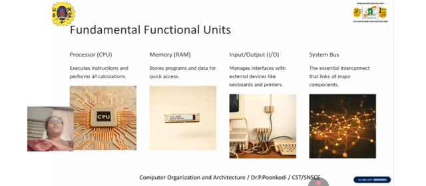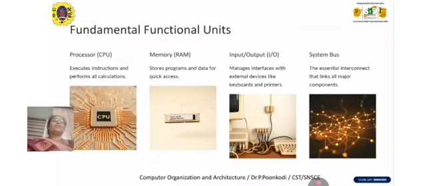And these are all the fundamental functional units. Processor, that is the central processing unit. This will be used to execute the instructions and perform the operations. The memory, we have already discussed the 2 types of memory, RAM and ROM. This will be used to store programs and data for quick access. Then the next one is input output.